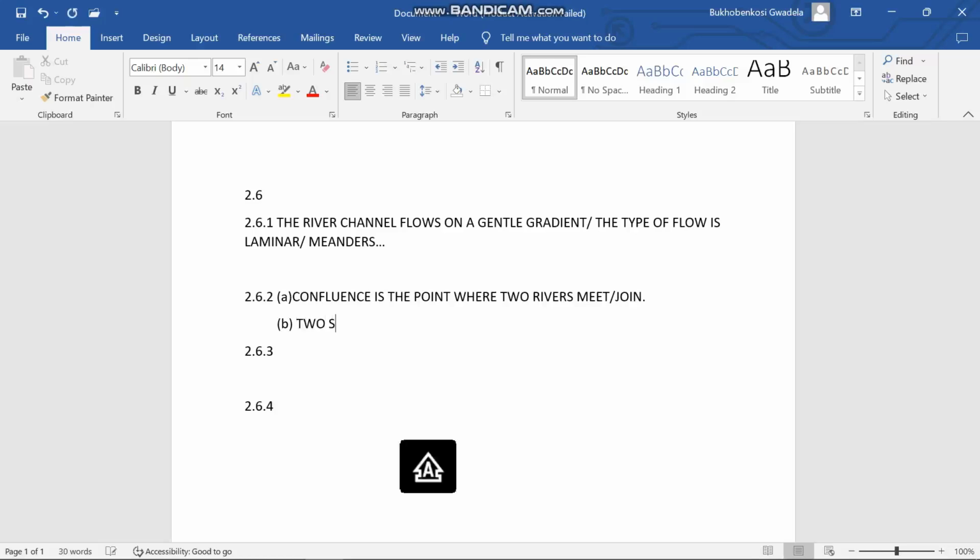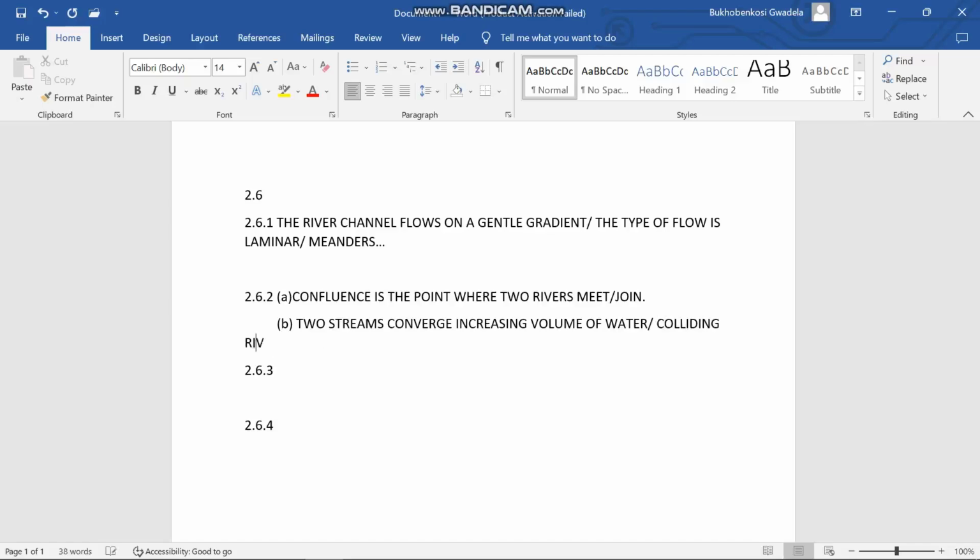So two streams converge, increasing volume of water. Or you can say colliding rivers at the confluence slow down the flow.